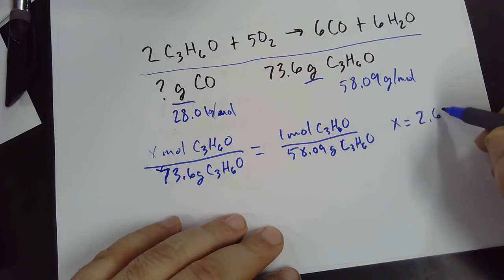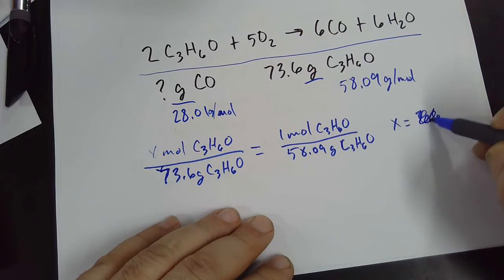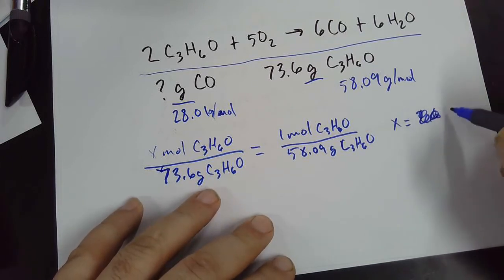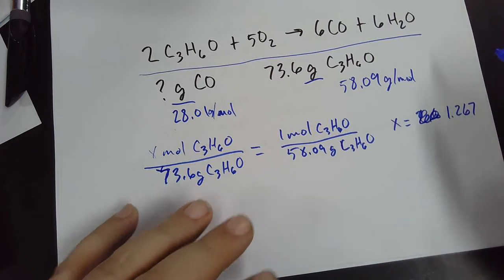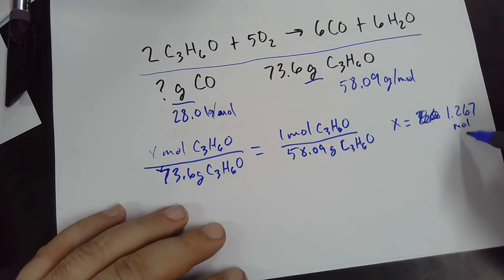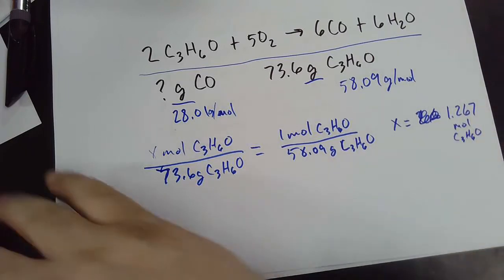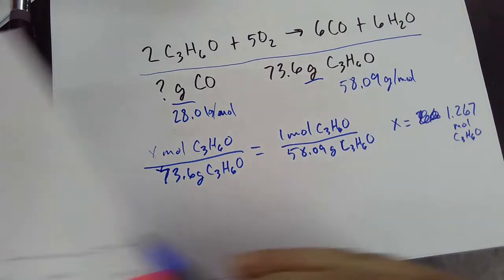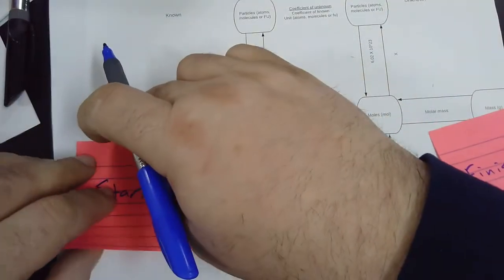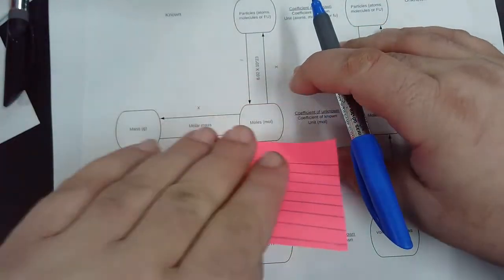Or wait, hold on. Wait a minute. It shouldn't be 2, because it's 1.2669. 1.267 then. Yeah. This is going to be a mole of C3H6O. So at this point, we have moved from our starting point to moles now.